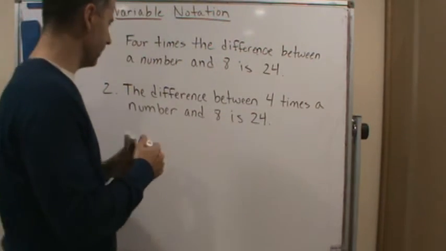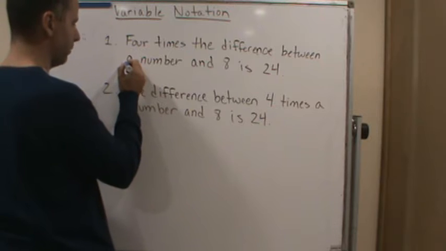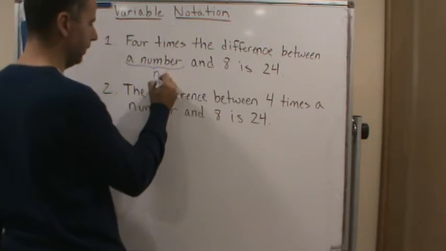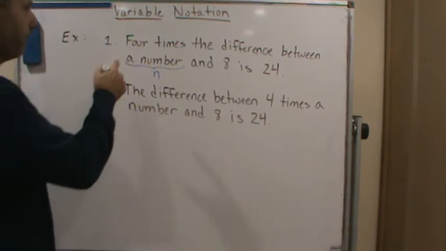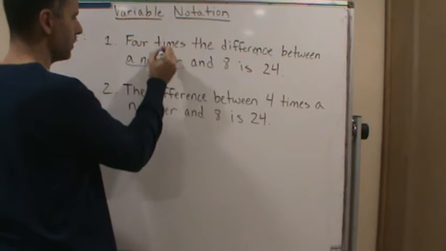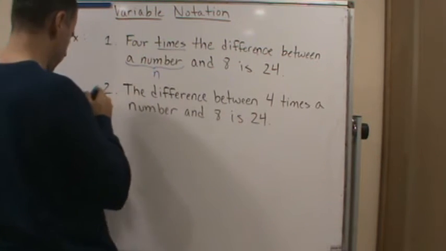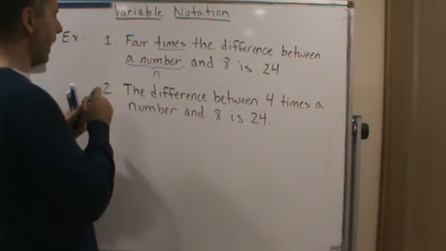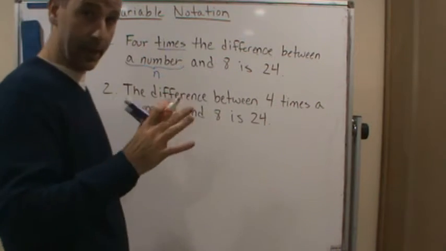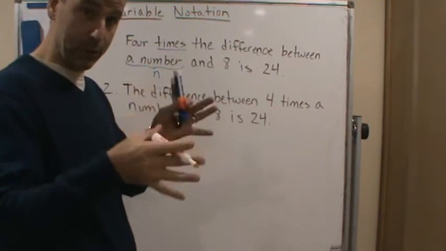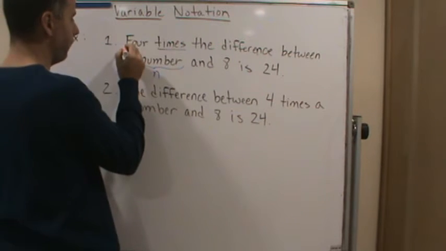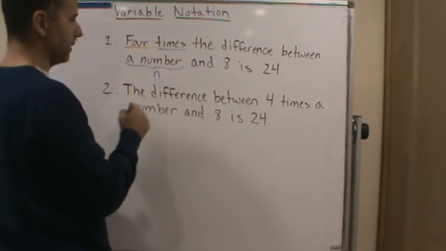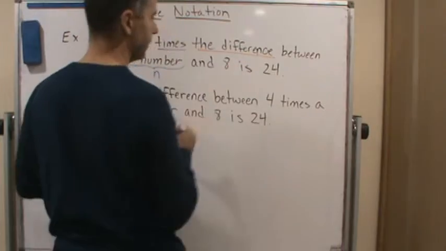First of all, let's represent a number. A number we'll call n. So we want to do 4 times the difference. Again, binary operation, we've got to multiply two things. We're taking 4 times what? The difference between.